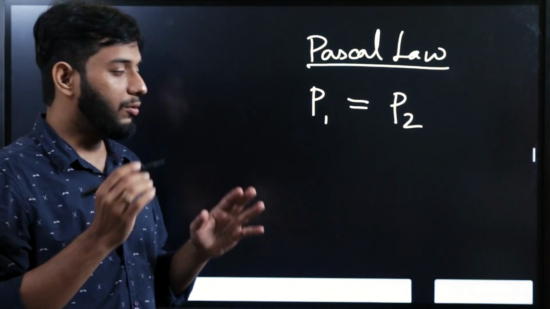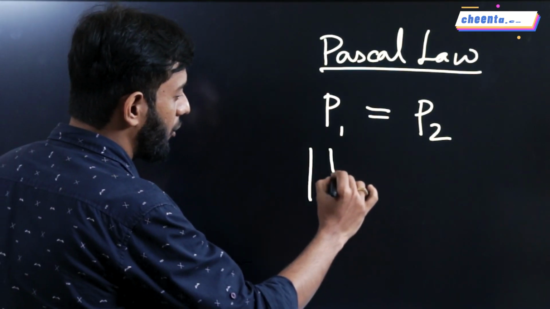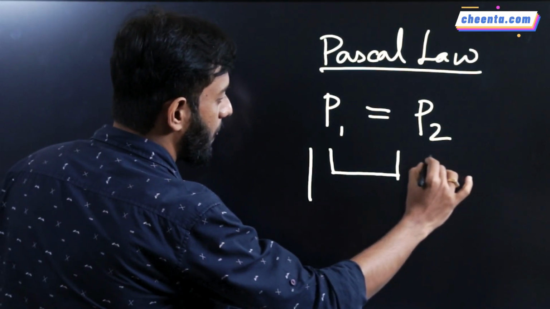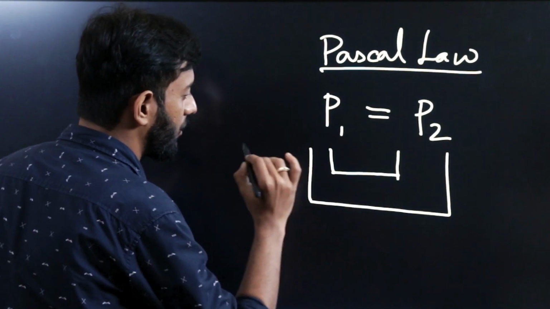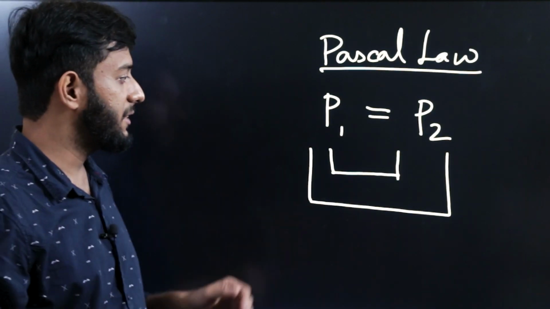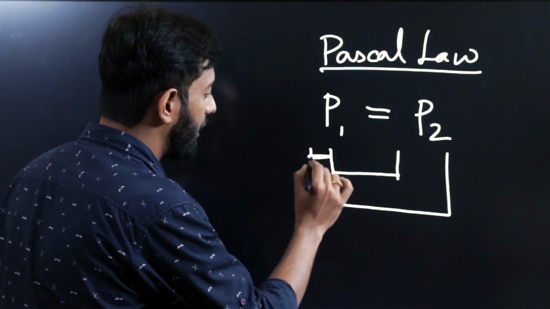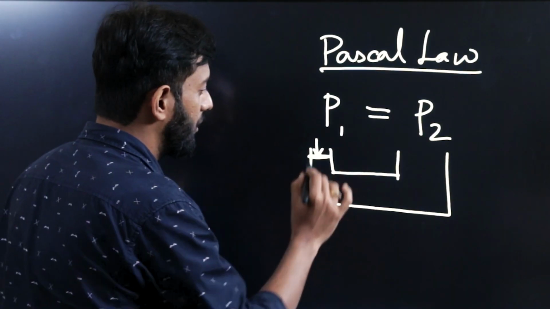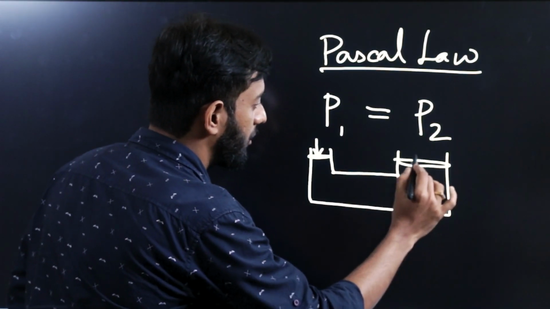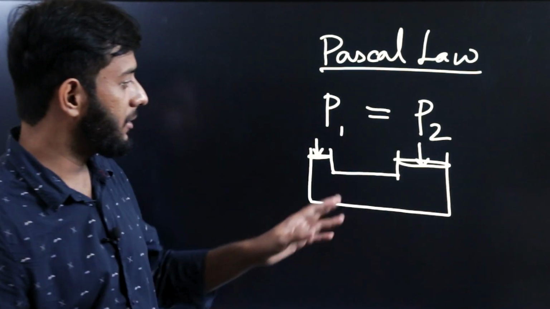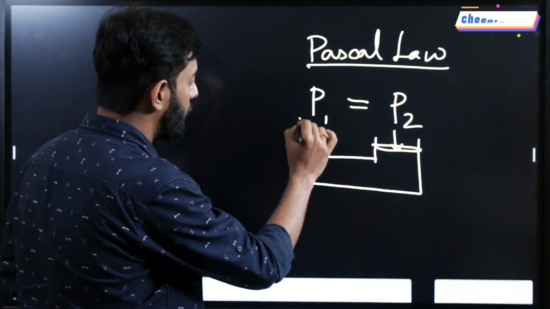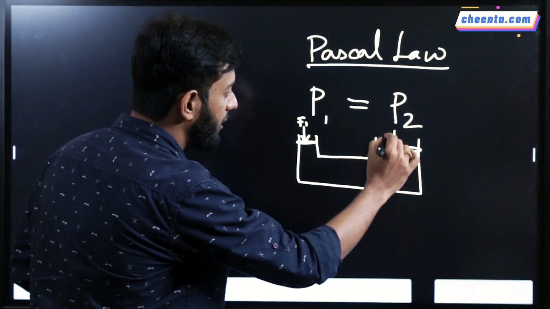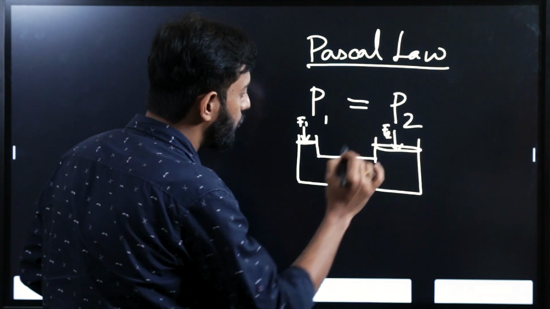Utilizing this principle, let's suppose this is a system where there is one piston and there is another piston, and we are applying some pressure to it. In this case the force is F1 and in this case the force is F2.